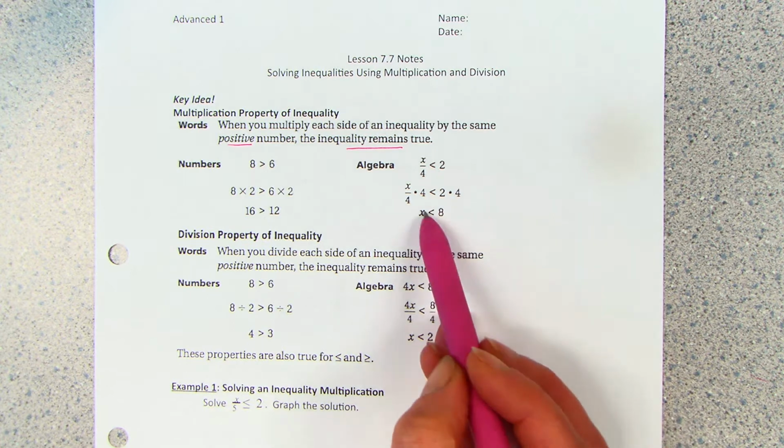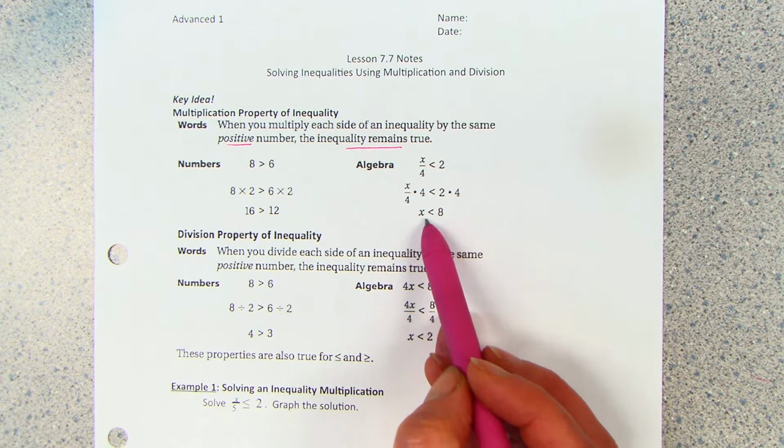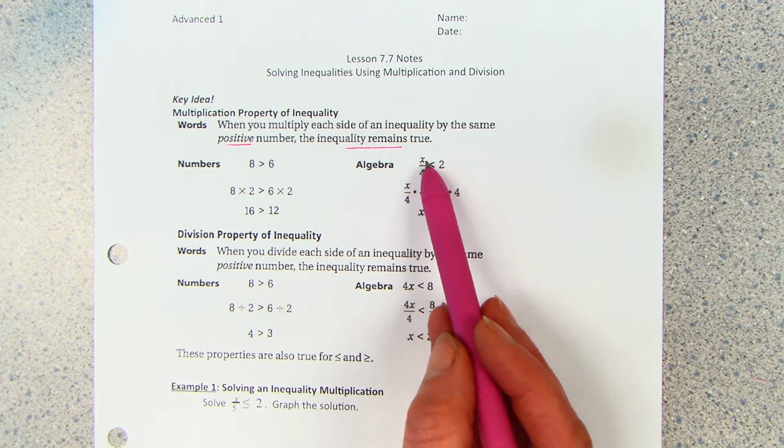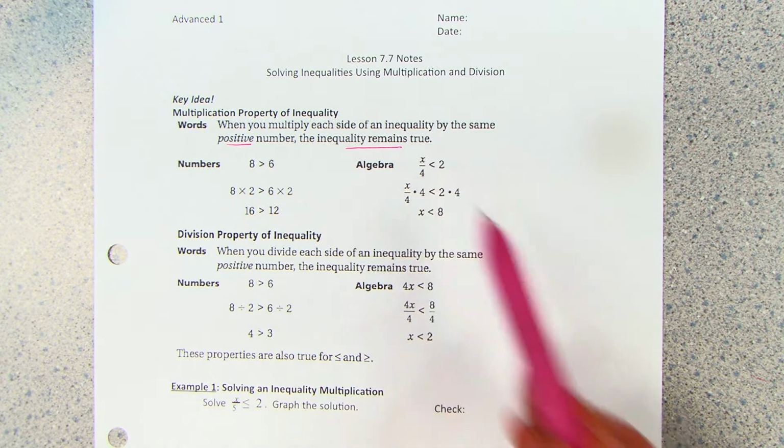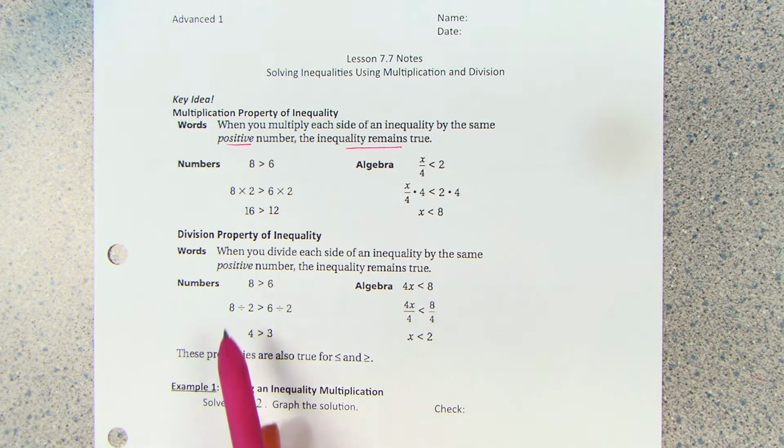If we choose any x that is less than 8, like 4, so it comes out even, 4 divided by 4 is 1, and yes, 1 is less than 2.